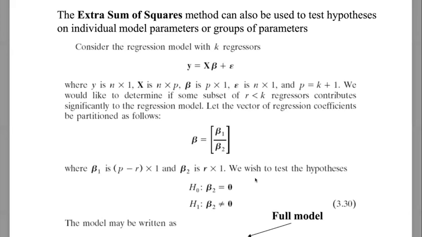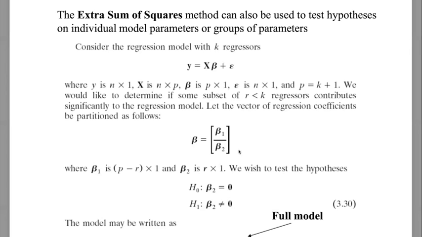So it has the p minus r slope coefficients that we're not testing hypotheses about. And what we want to do here is test the null hypothesis that the slopes contained in beta 2 are all equal to 0. That's represented by this vector equality here, the vector beta 2 being equal to the 0 vector of the same dimension.